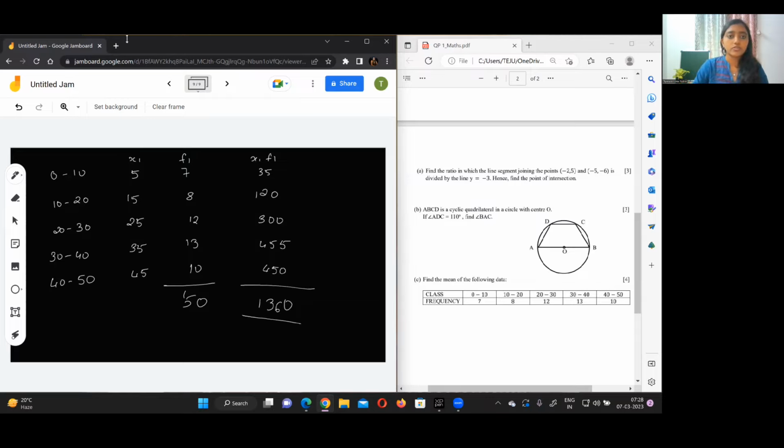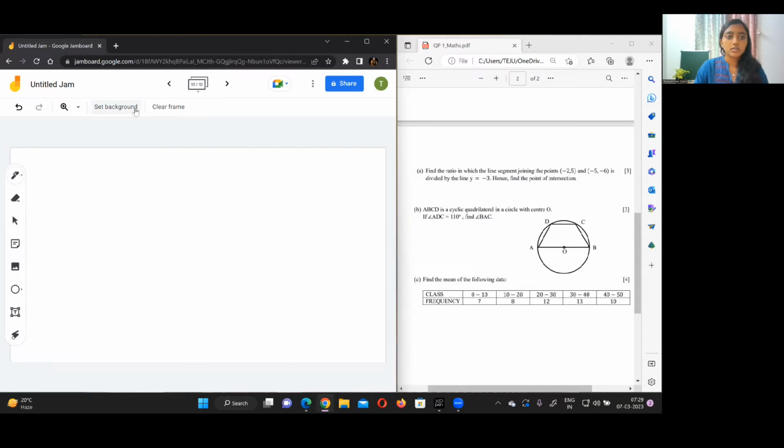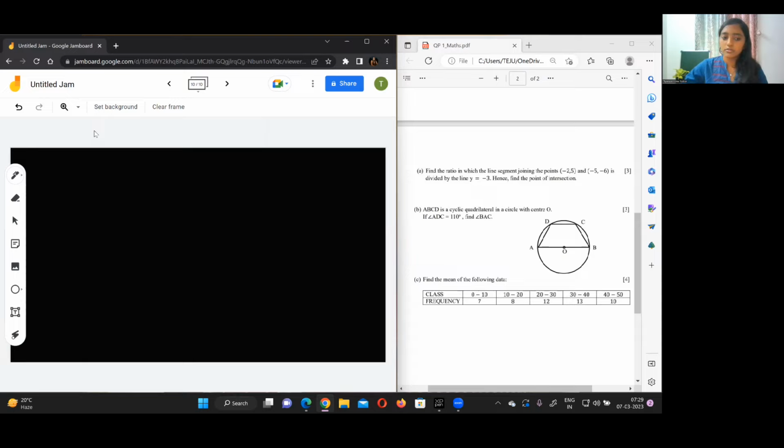Let's go on to the next page to finish our calculation. So, do you know the formula of mean? To find the mean, what you need to do is mean is equal to sum of fi xi by sum of fi, which is nothing but 1360 divided by 50.